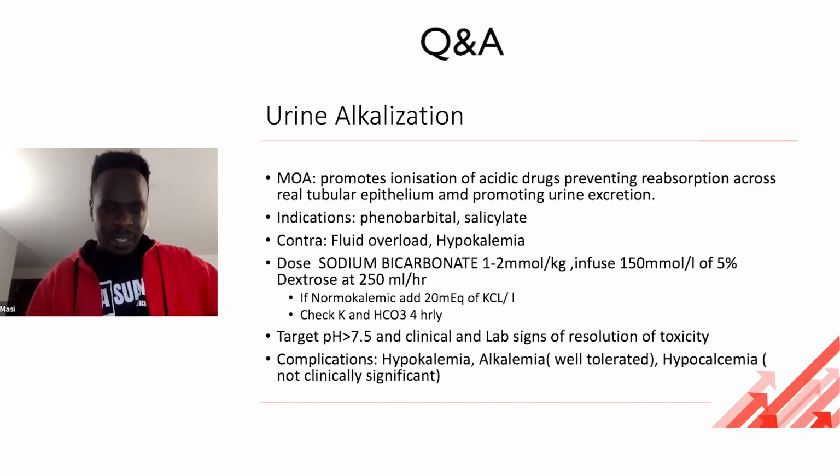So when you have a toxic dose of aspirin, you need to start urine alkalinization. I think that's the simple answer to it. And those are the doses of sodium bicarb that you give for that. And remember, phenobarbital is also an indication for urine alkalinization.